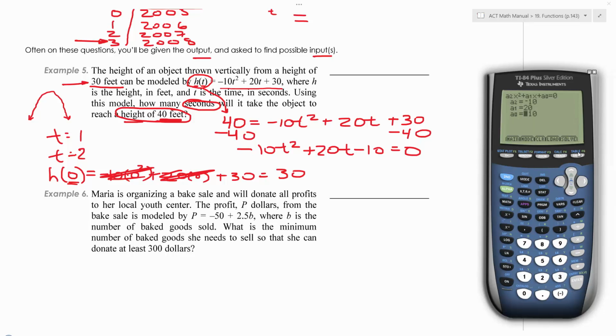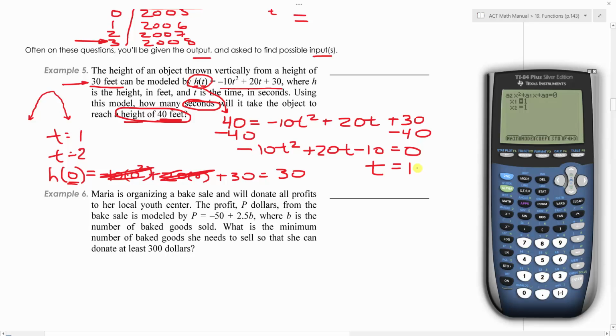So solve, I'm going to hit that, and what I get is that my t value, actually it's a double root, equals 1. So what that tells me is that at 1 second, I will reach a height of 40 feet.